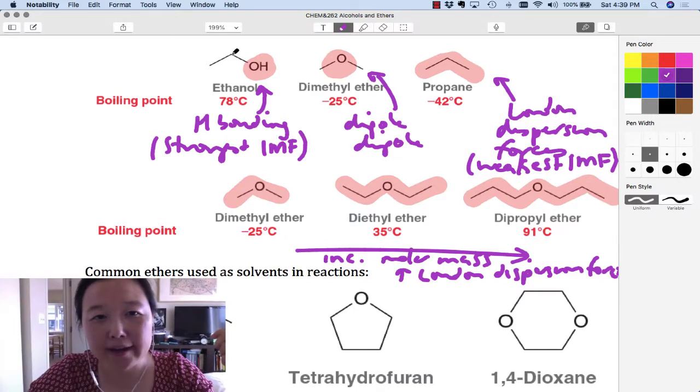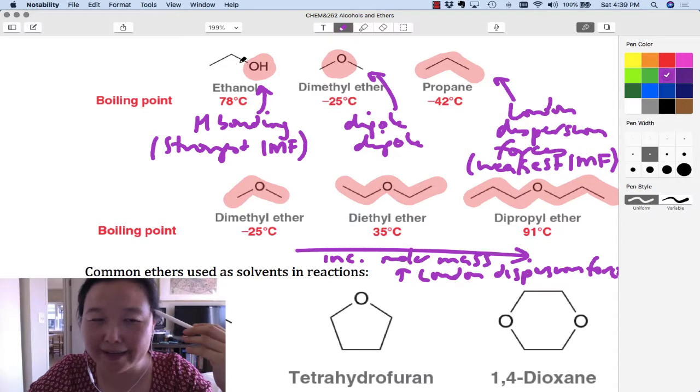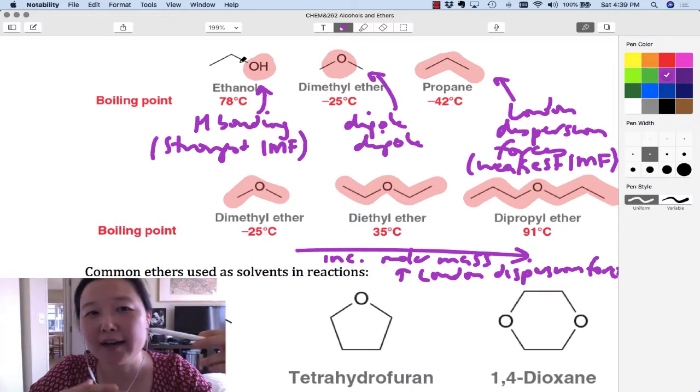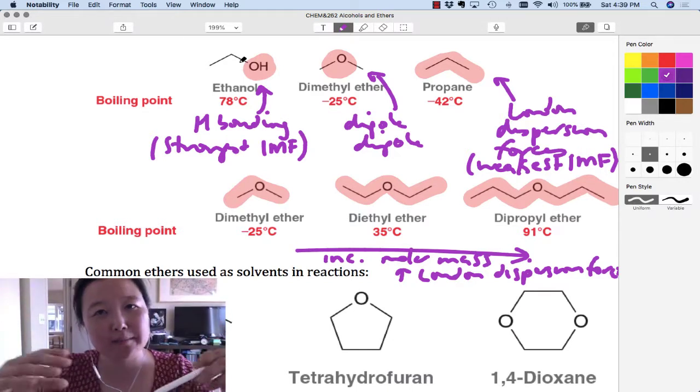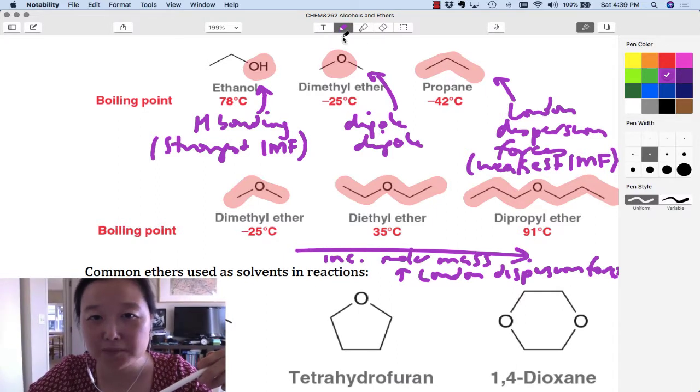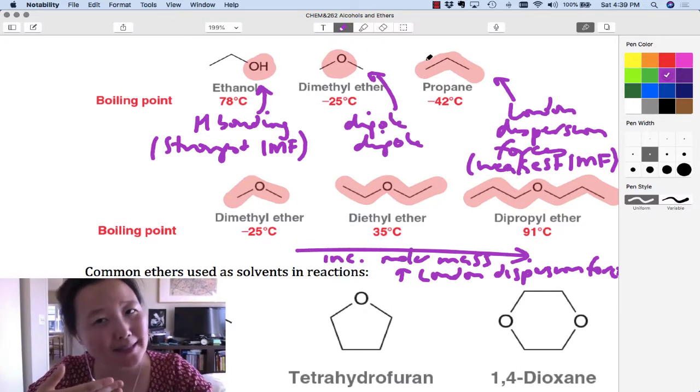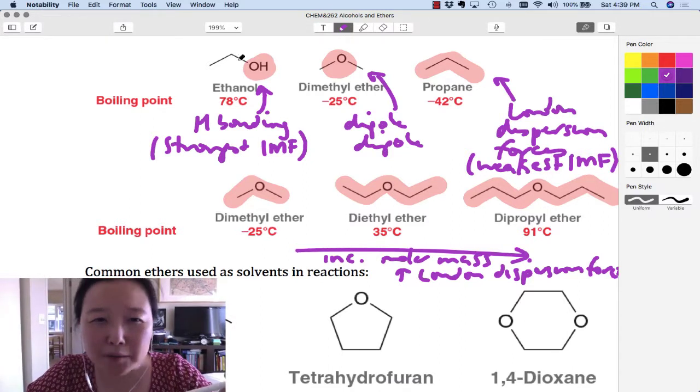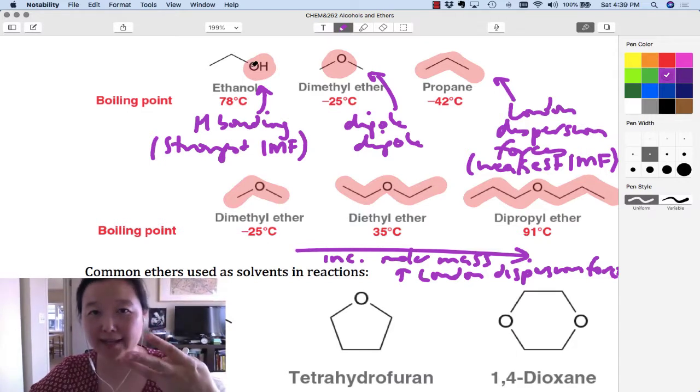So for ethanol, the way that I sort of think about it is you have to have a constant mass in order to compare the functional group. We see the functional groups are changing, but if the mass is also changing, then we can't say which factor is at play. So I generally count this as a carbon. A carbon and oxygen is 3 heteroatoms, so carbon and oxygen and carbon.